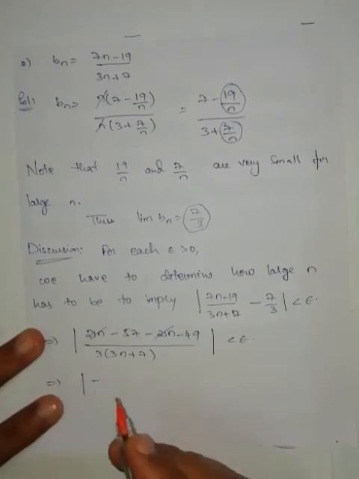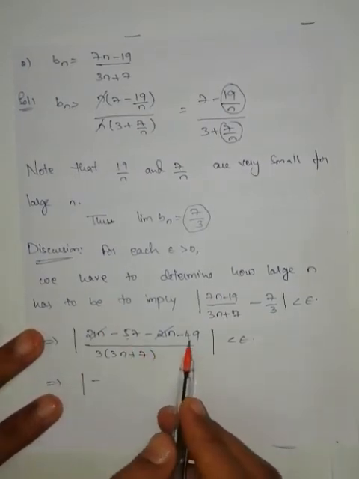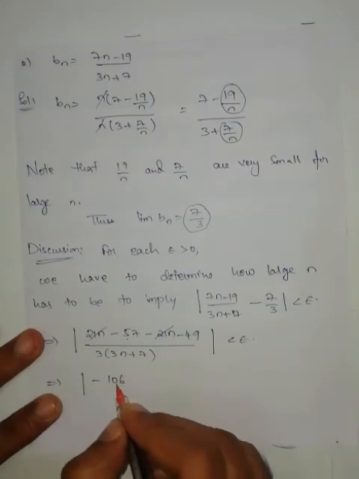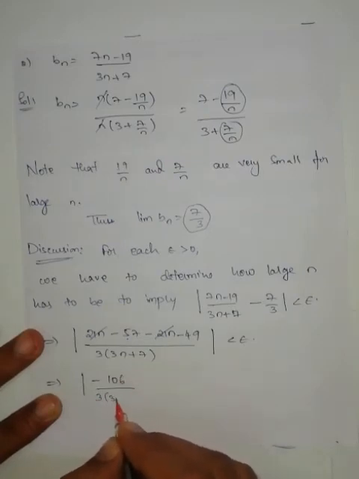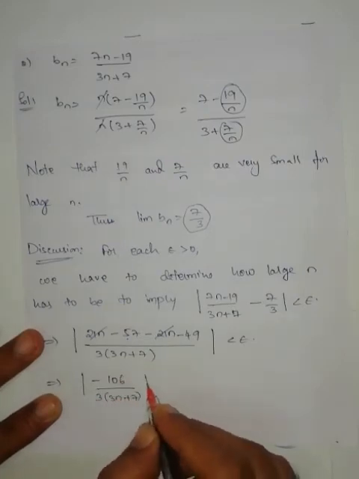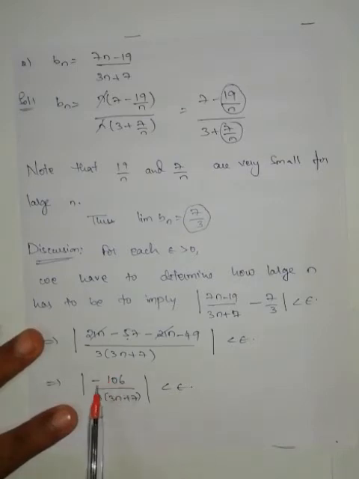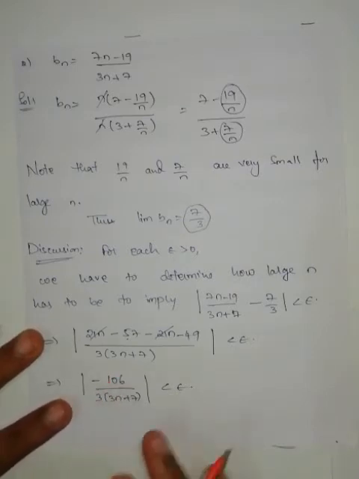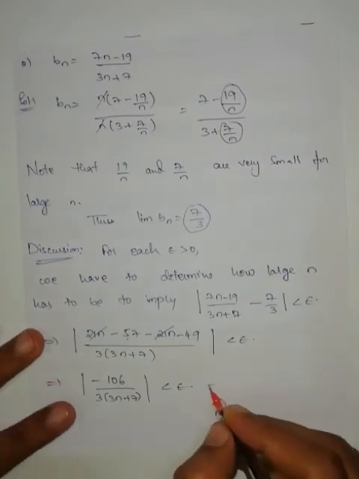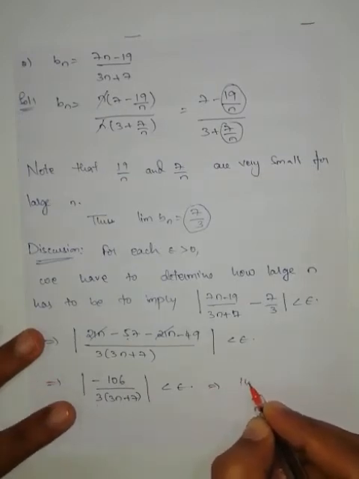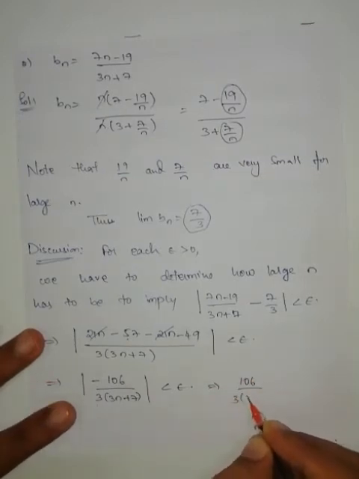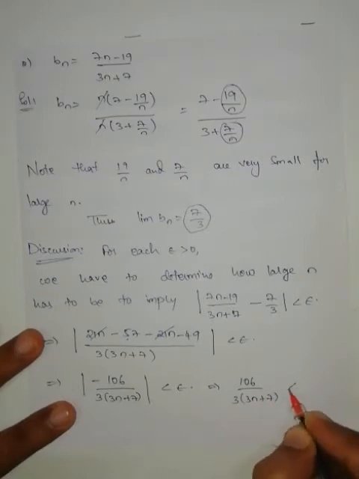Modulus of (minus 57 plus 49), that is minus 8, by 3 into (3n plus 7) is less than epsilon. 3 is positive, 3n plus 7 is positive for all n. This one is positive, but here we have negative. Modulus of negative becomes positive, that is 8 by 3 into (3n plus 7) is less than epsilon.